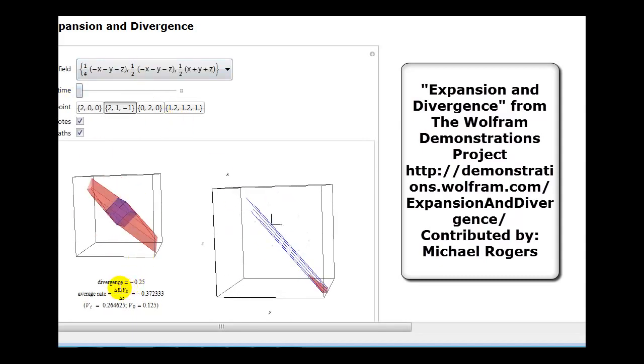In this example, the divergence is negative, so as this red box takes the path of these blue lines through the vector field, the volume of this box will decrease. Now sometimes when the volume decreases, it's hard to tell because the shape of the box will change, but the net result of the volume as it passes through the vector field is decreasing.